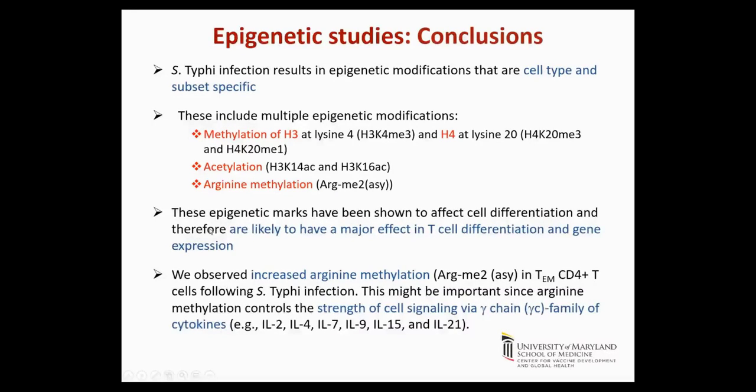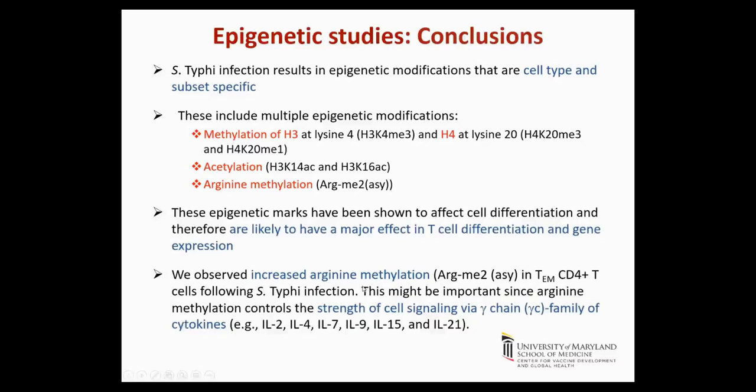These epigenetic marks have already been shown to affect differentiation in other systems, so we are presuming that they are likely to also have a major effect in T-cell differentiation and gene expression following exposure to Salmonella Typhi.